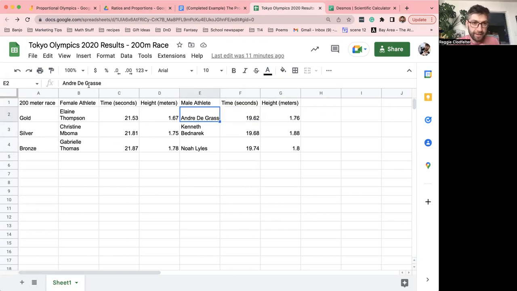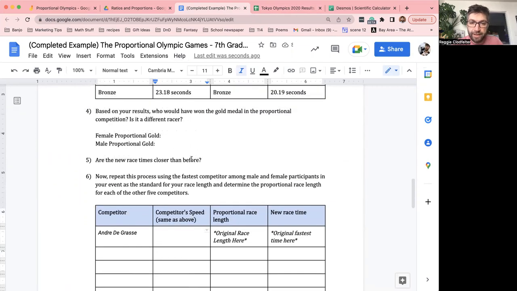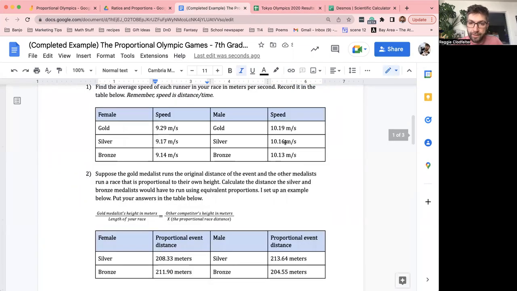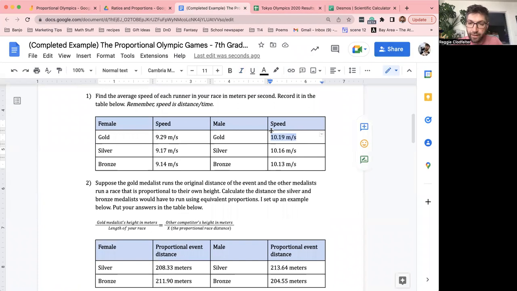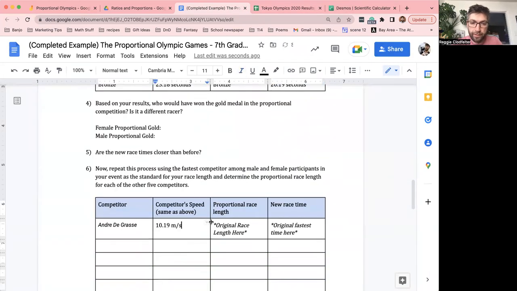So I'm going to take this fastest competitor out of all of them and put them in the first row here. Their speed, and everyone's speed on question 6, we're going to take from question 1.